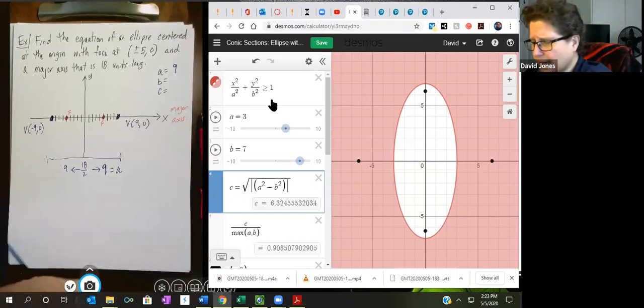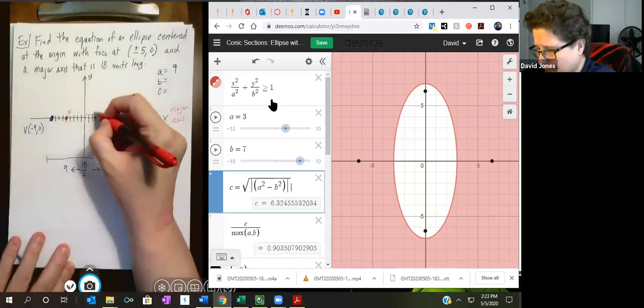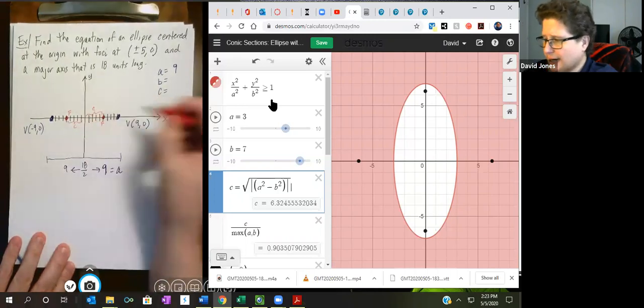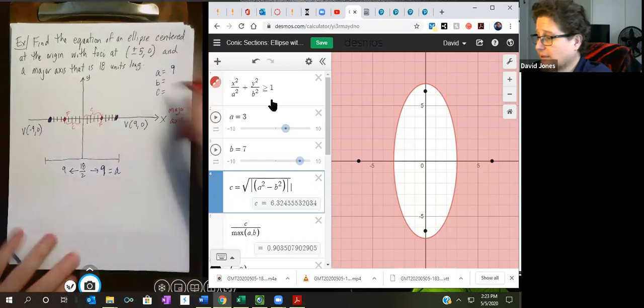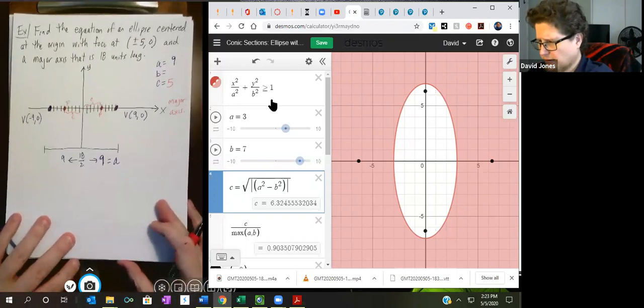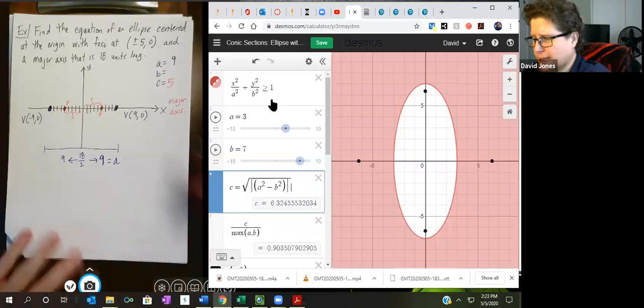The foci tell us the distance from the center, and that distance is C. In this case, C is 5. We know A is bigger. Let's see if we can find B.